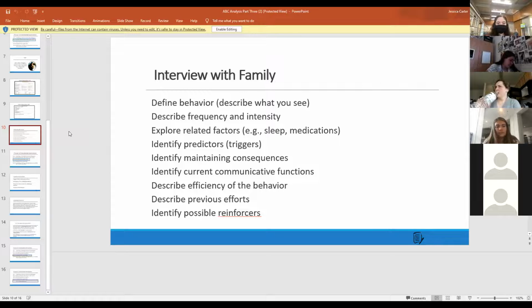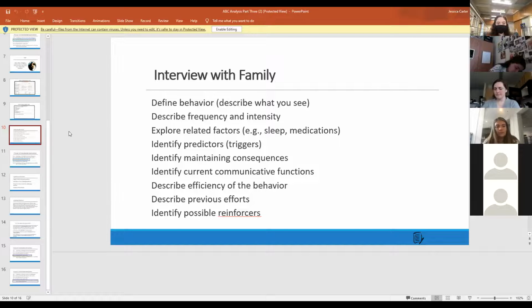But if we get to a point where it's a pattern of behavior that is impacting their ability to engage in and sustain play with other children, to make friends in the classroom, to have what we would call a successful day at school, then it warrants this conversation with the family where we sit down and we already have some clear, concrete data to share with them, where we are describing the behavior that we see.